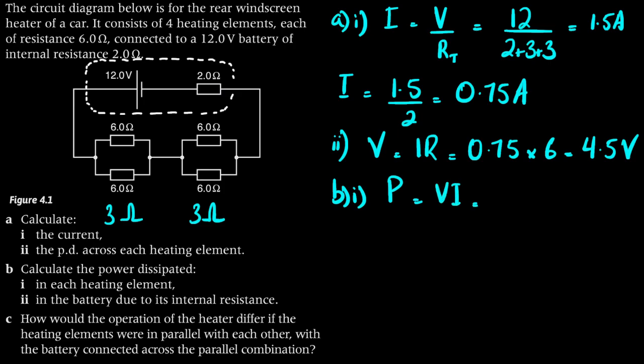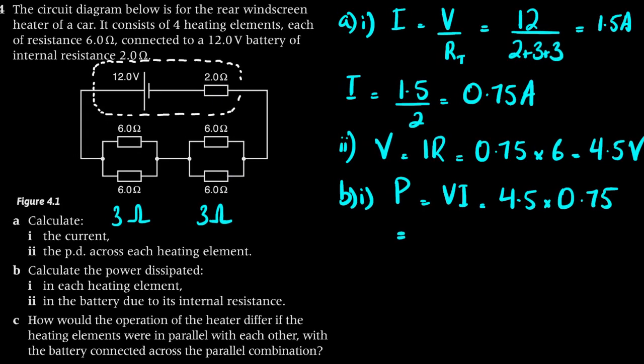Let's just go ahead and use the simplest one to work with, VI. So the voltage across each of those is 4.5 and the current through them is 0.75. So the power would turn out to be 3.375 exactly, so 3.4 watts to 2 significant figures.